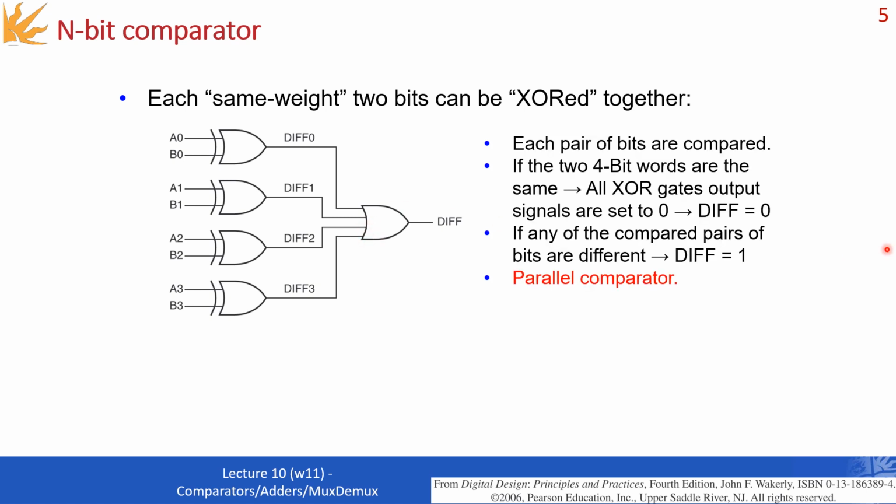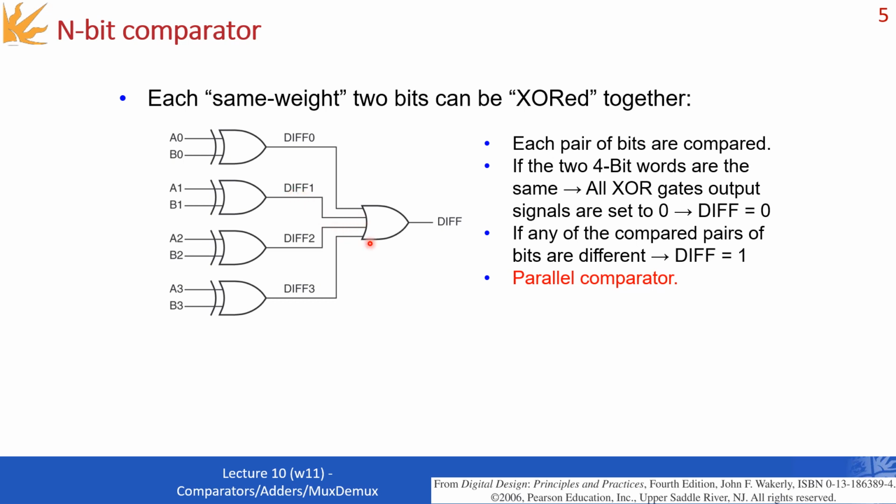Now, how does that work? If the two 4-bit words are the same, this means that all the XOR gates will output 0. On the very contrary, if at least one of the pairs is different, then one of the diffs is going to be equal to true, equal to 1.